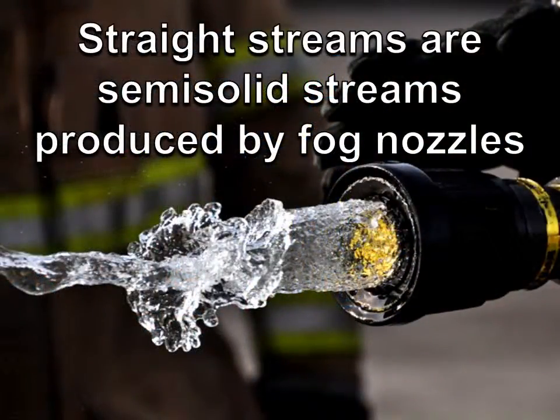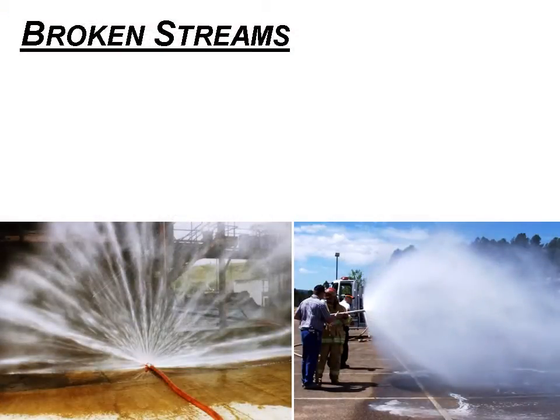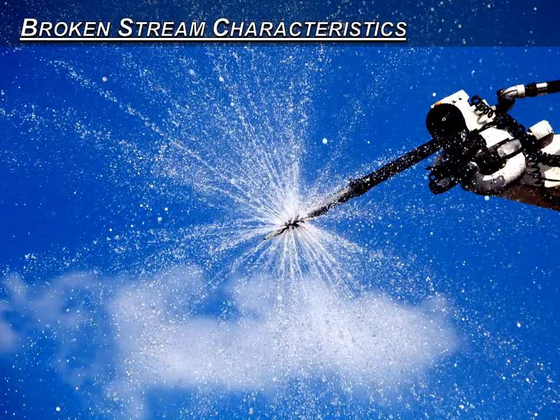Straight streams are semi-solid streams produced by fog nozzles. Broken streams are broken into coarsely divided droplets, such as the water curtain or your cellar or attic nozzles, piercing nozzles. This is considered a broken stream. It is designed to cover the most space possible with high heat absorption.